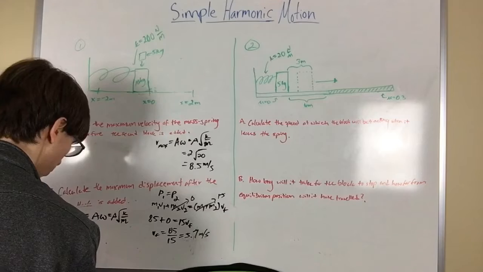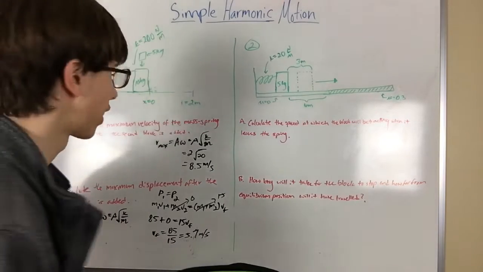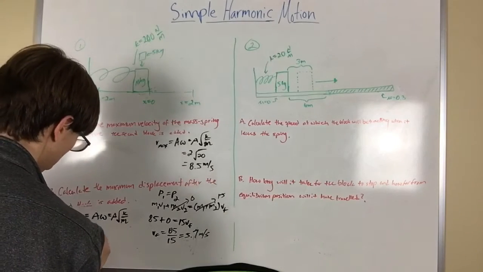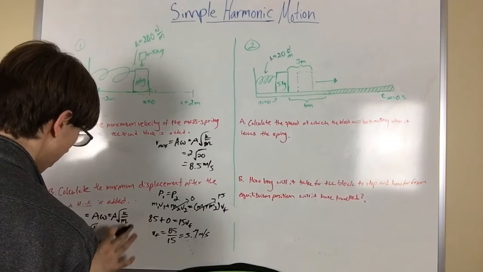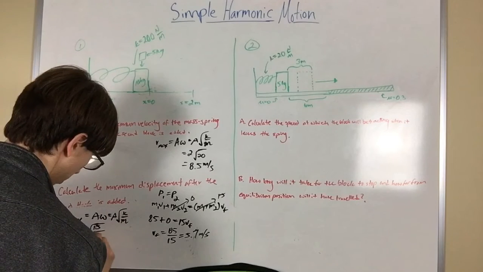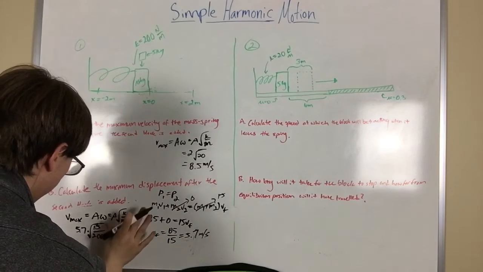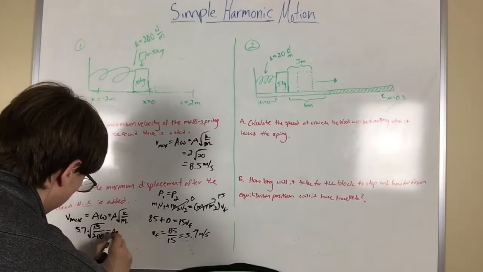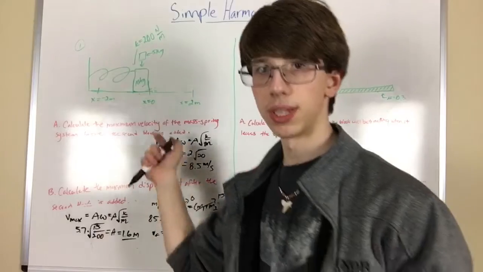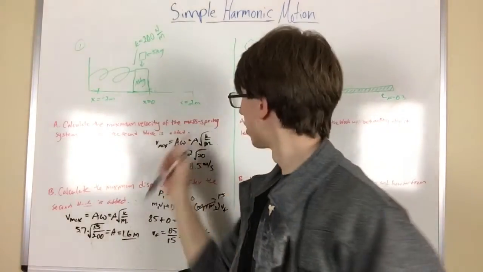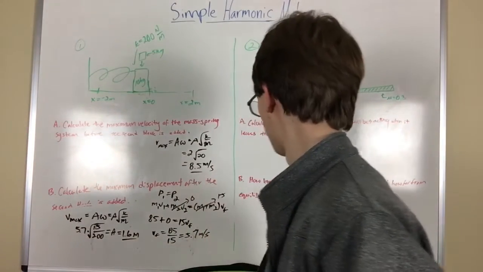And then we just do 5.7 divided by the square root of k over m, which is just times the square root of m over k, which is just times the square root of, what's the new mass? 15 over 200. And that gives us around 1.6 meters. So it's gone down. Why? Because the velocity has gone down. The displacement has also gone down. Alright? So that's those problems.